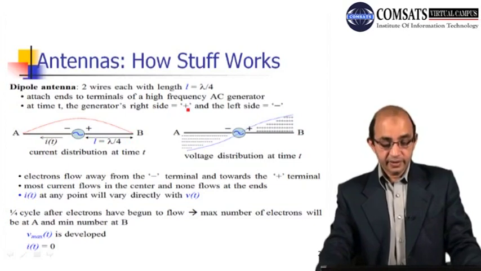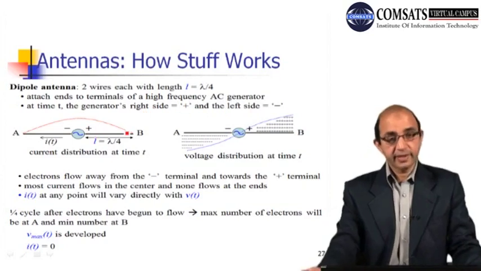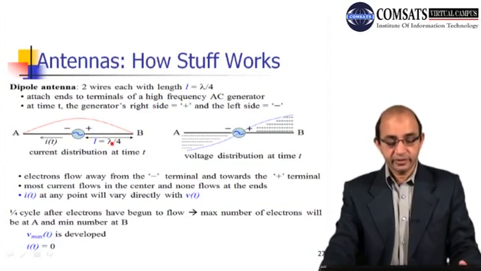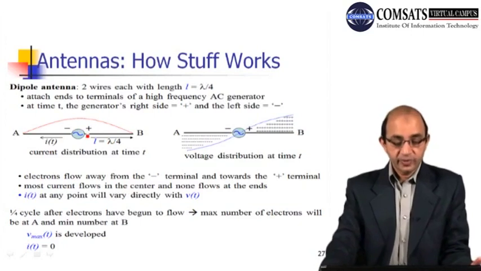The right side is plus and the left side is negative, right? Because this is alternating current, the polarity is changing with frequency f. So one side has the length lambda by 4.